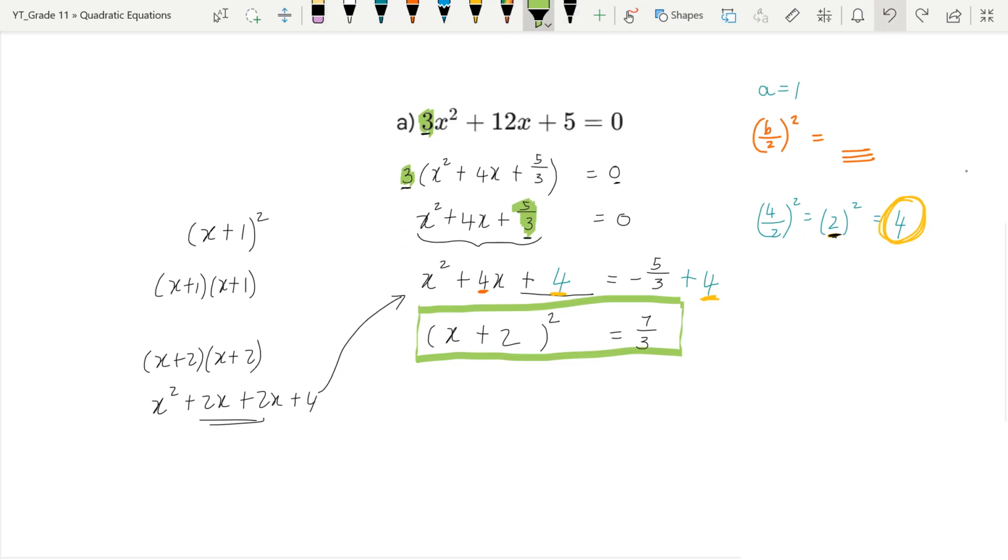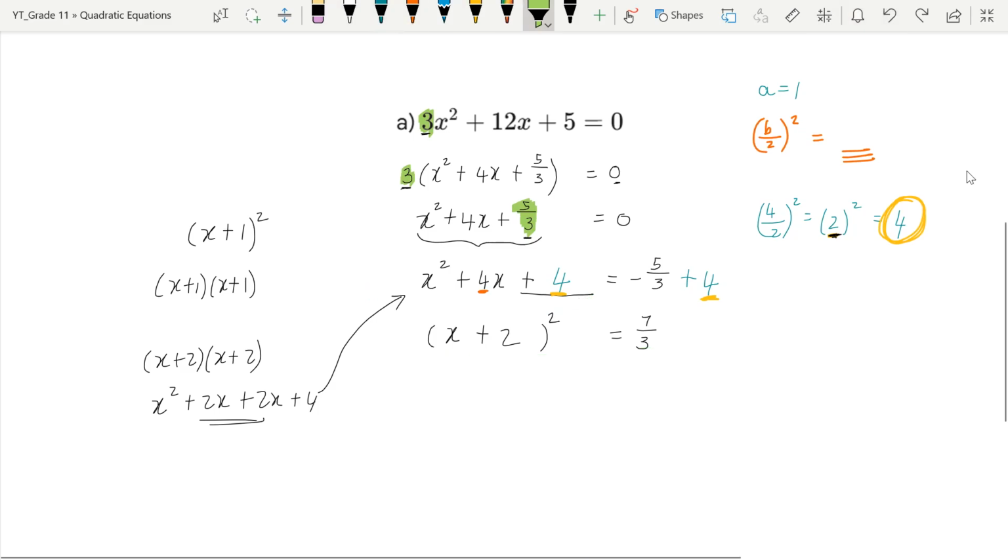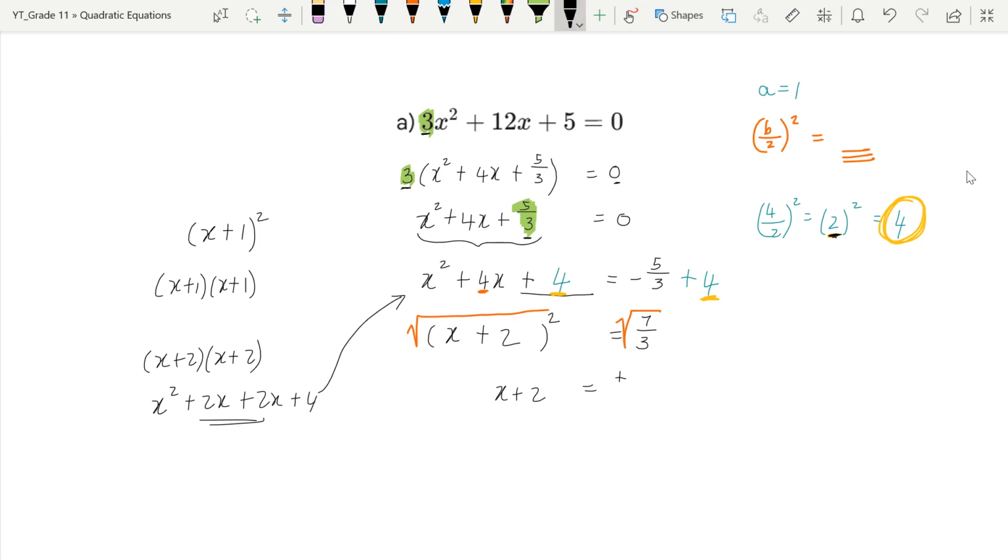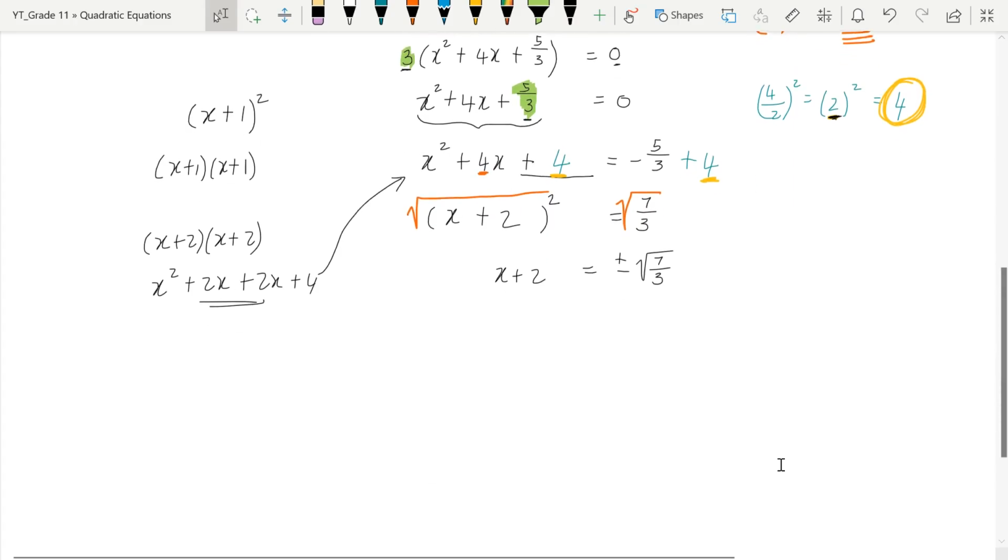And so now, what did we see in the previous reminder? We're going to take the square root on this side and the square root of that side. So then we're going to be left with x plus 2 is equal to plus or minus the square root of 7 over 3. That's not a perfect square, so we just keep that root over there.